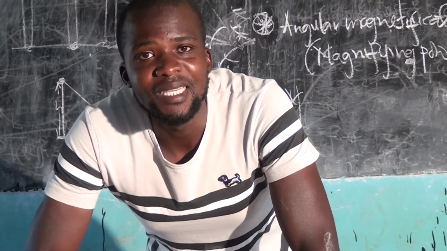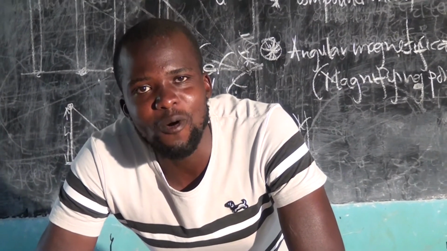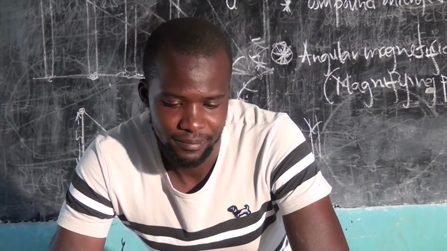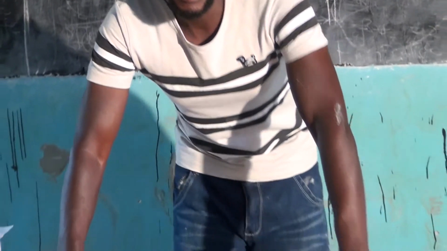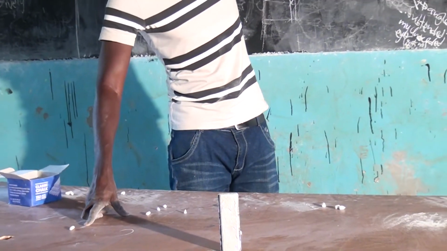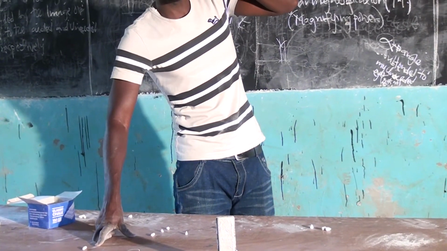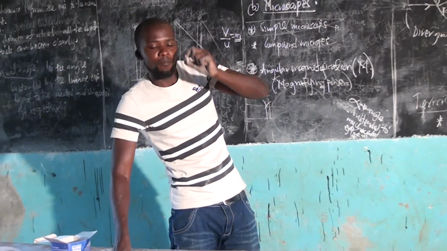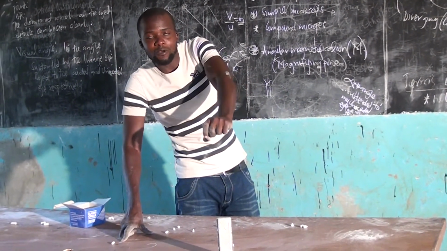So the image subtends an angle to my aided eye. Whenever I put on spectacles, it is an image subtending an angle. But with no spectacles, it is an object.